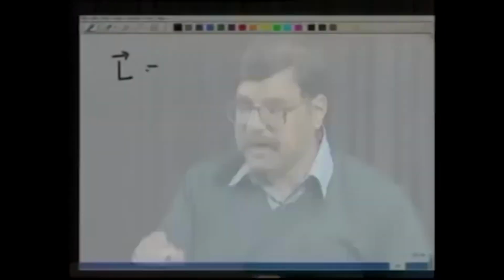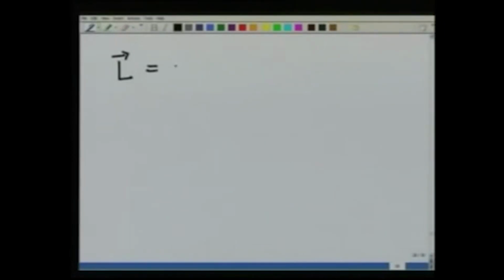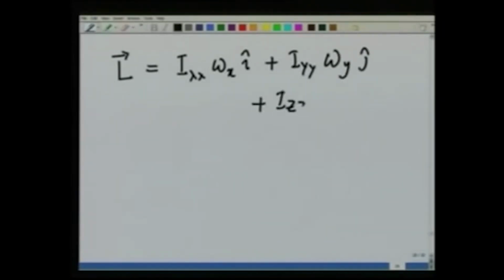So, therefore, I can write, by taking components along the principal set of axes, Ixx omega x in i direction, Iyy omega y in j direction plus Izz omega z in k direction.